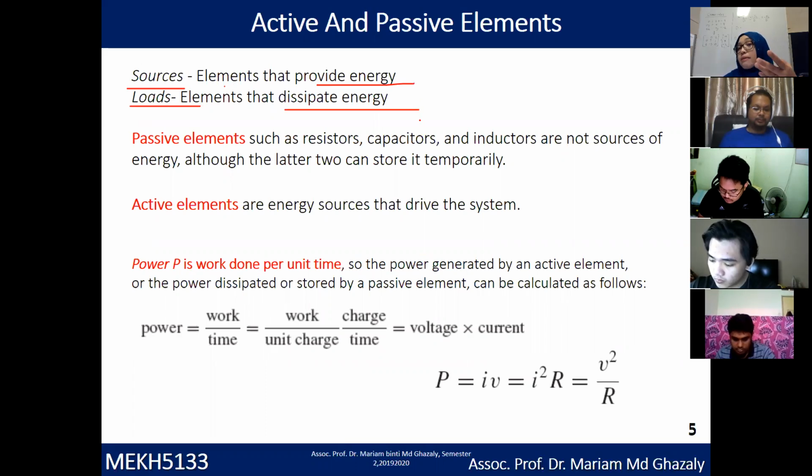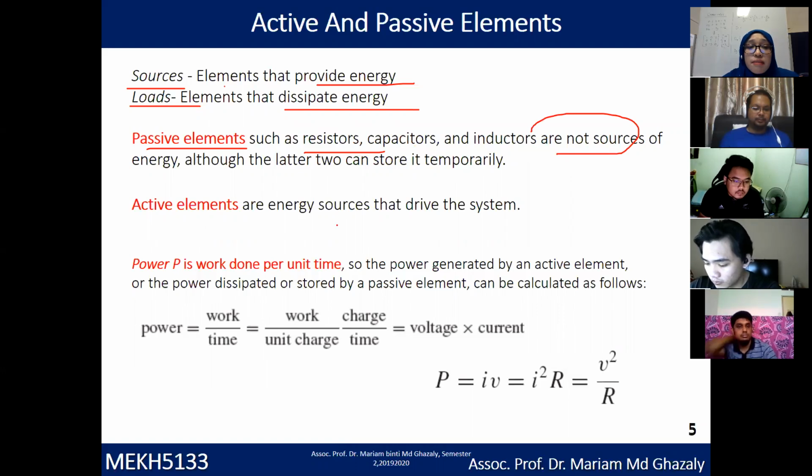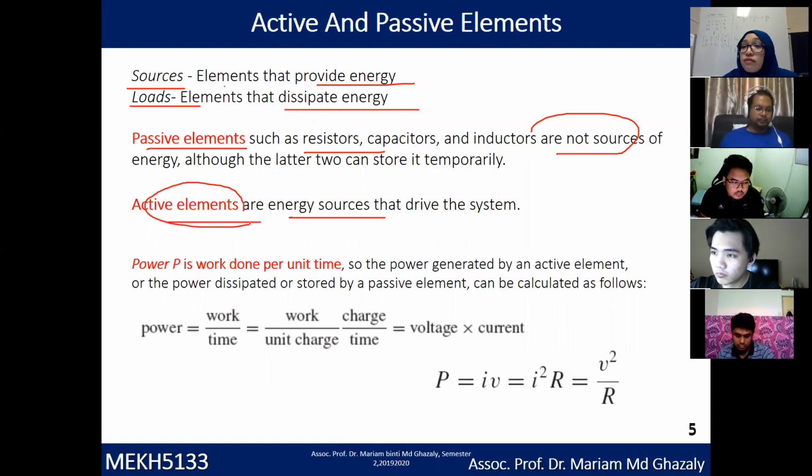If you have the bulb, it dissipates the energy out. Passive elements are the resistor, capacitor, and inductor, which are not sources. An active element is an energy source that drives the system, the voltage or current source.